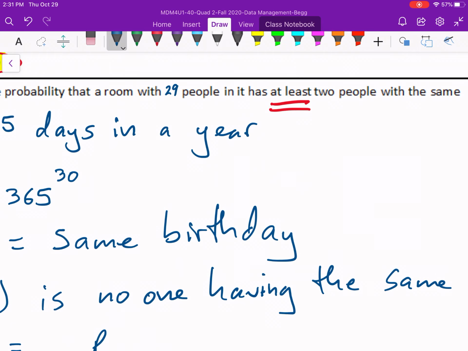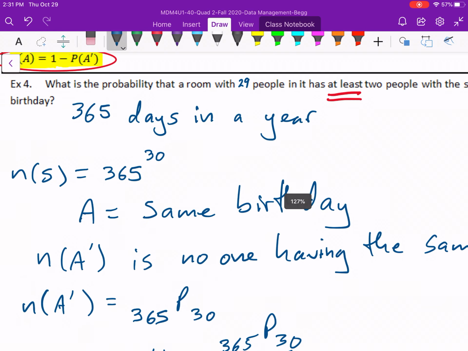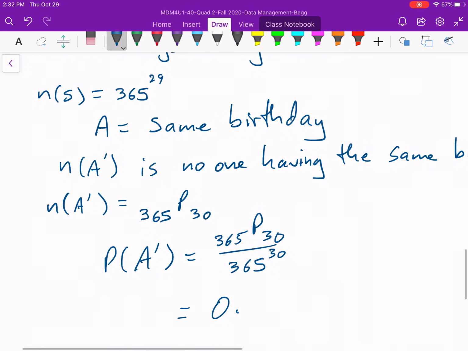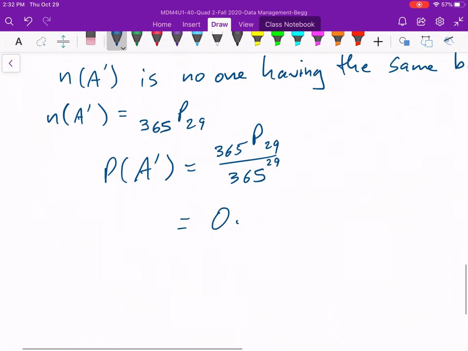Let's make it a 29 person thing, and so that means I'll have to change this to 29, and I'll have to change this to 29, and then like I said, I've already got the numbers from the last time I did it in front of me here, so it'd be 365 p29, it'd be 365 to the exponent 29.